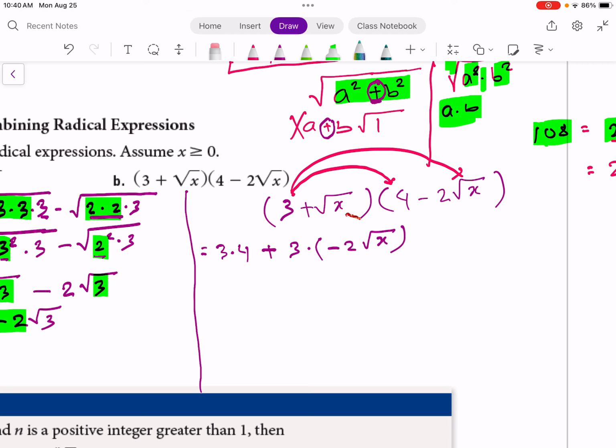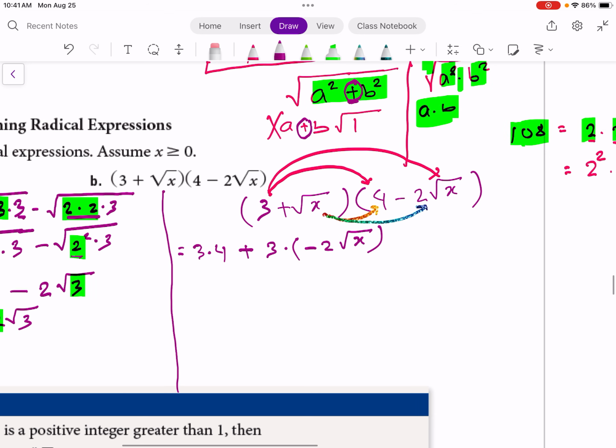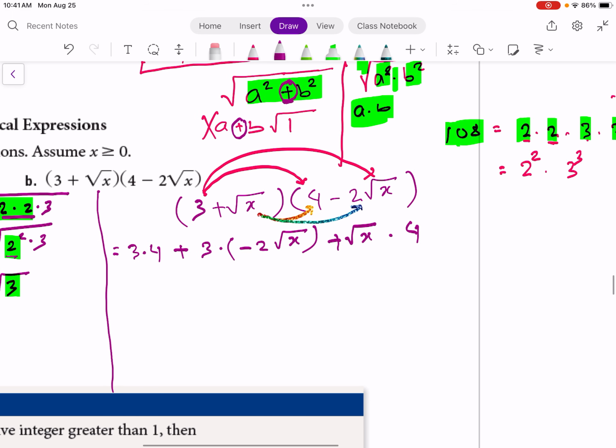You use the square root of x, multiply by 4, then multiply by negative 2 square root of x. So we have a plus in front of the square root of x: plus square root of x times 4, plus square root of x times negative 2 square root of x. Any question on this part?